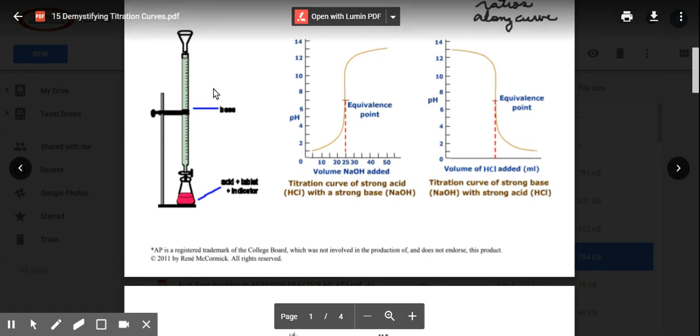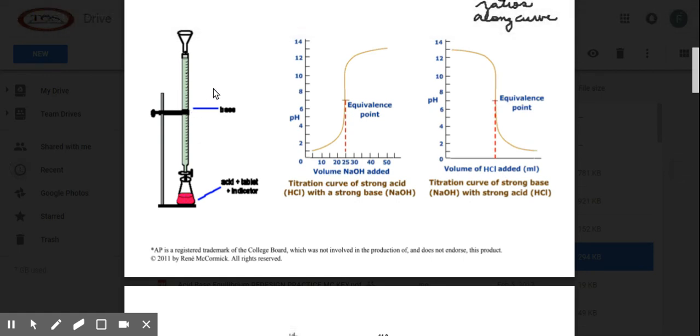The burette is containing the titrant, and that's usually a strong acid or a strong base. The flask contains the analyte, which is the thing we're analyzing, and that could be a weak acid, weak base, strong acid, or strong base. All right, so we have to be able to use our titration curve to figure out which one that is.